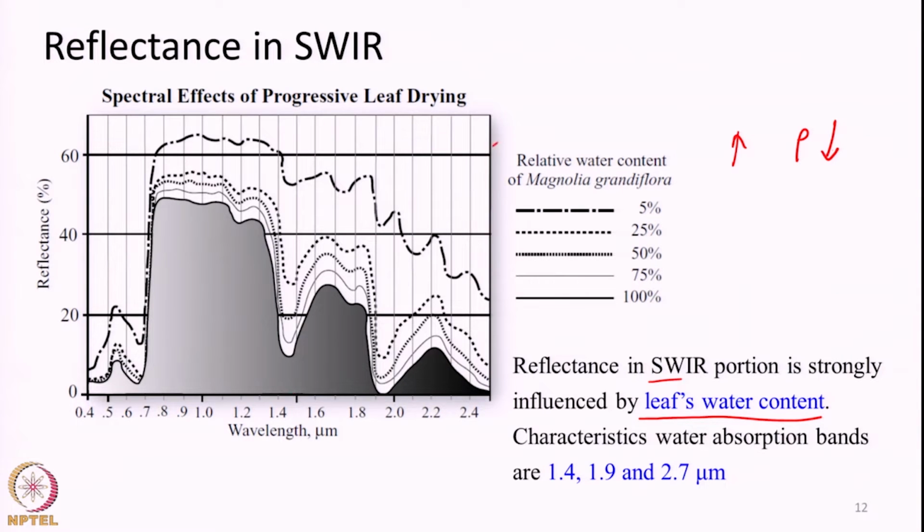In this figure on the left side of the slide, we have plotted leaves with different water content levels and how their spectral reflectance will look. Maybe we will start with a leaf with 100% water content, where all the air gaps are filled with water.